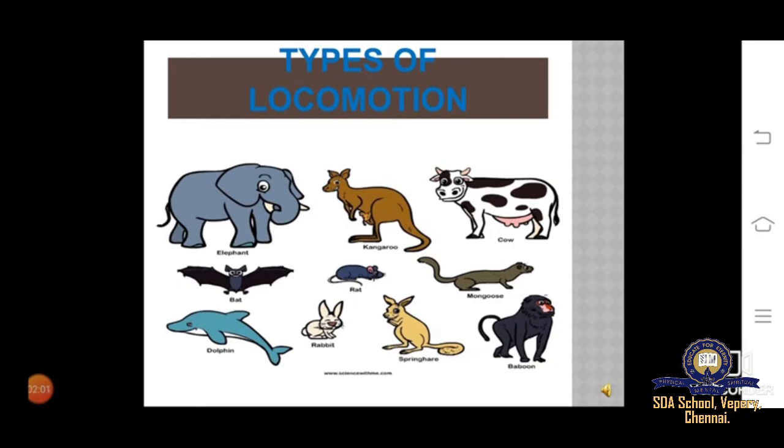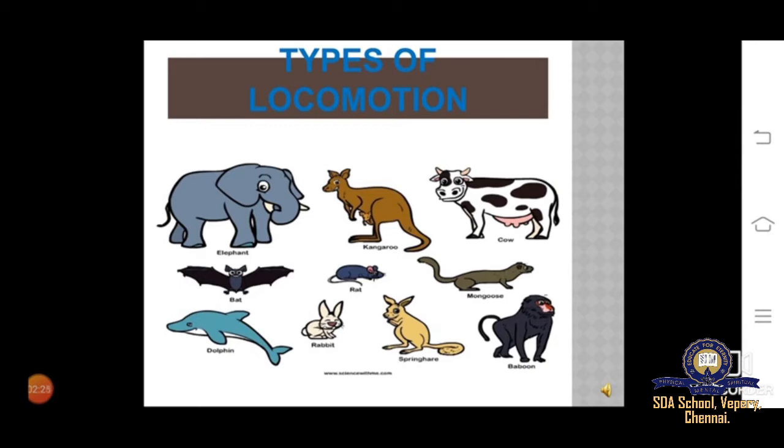Kangaroo: the front leg is shorter and the back leg is very long, so its way of moving is different. Cow, bat. Bat also comes under mammals. It can fly. Rat and then mongoose, dolphin, rabbit, springer.